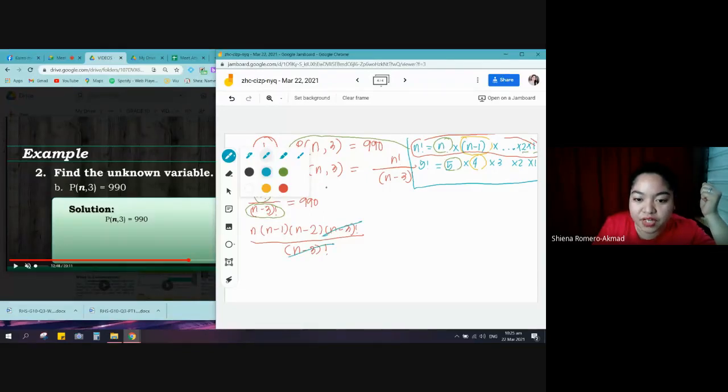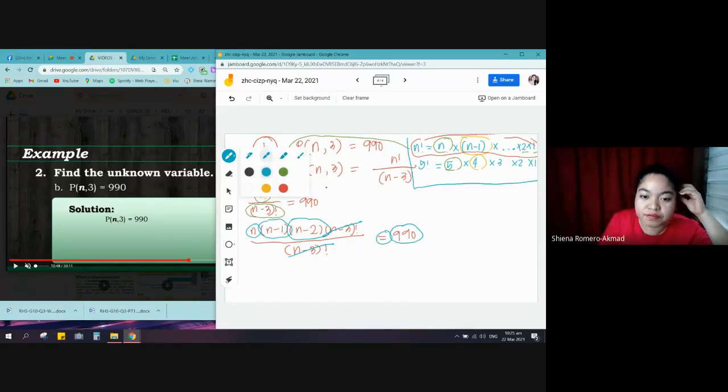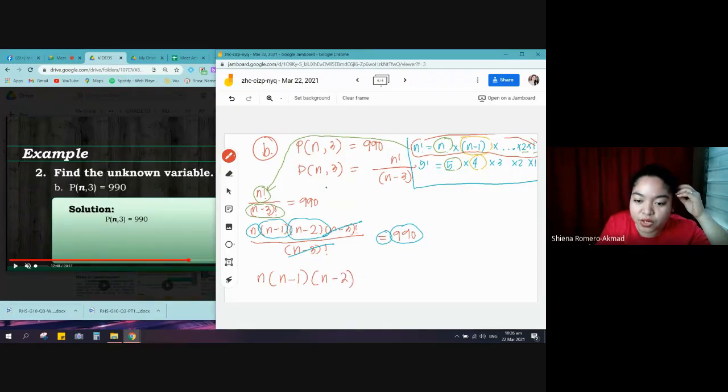So, we will have here 990. So, meron tayong natira dito na n minus 1 at n minus 2, which is equal to 990. So, yan, n times n minus 1 times n minus 2 equals 990.